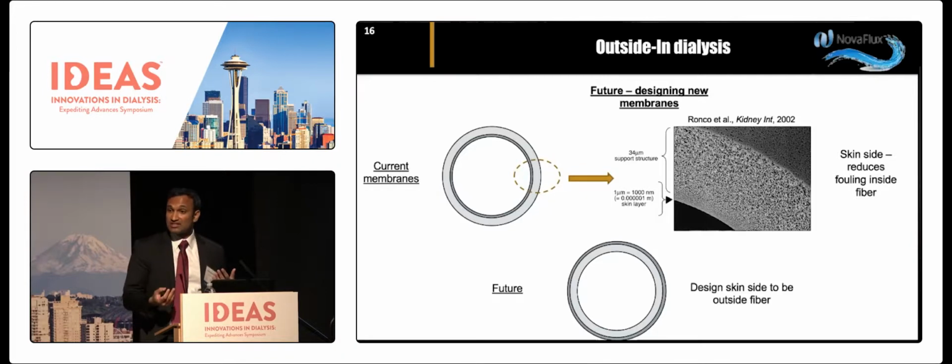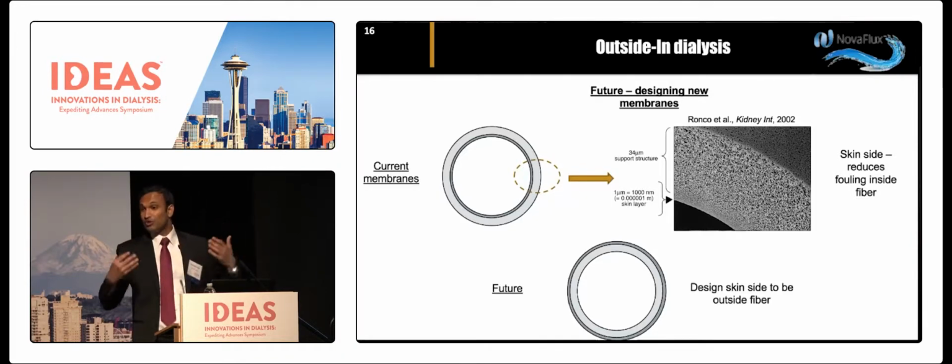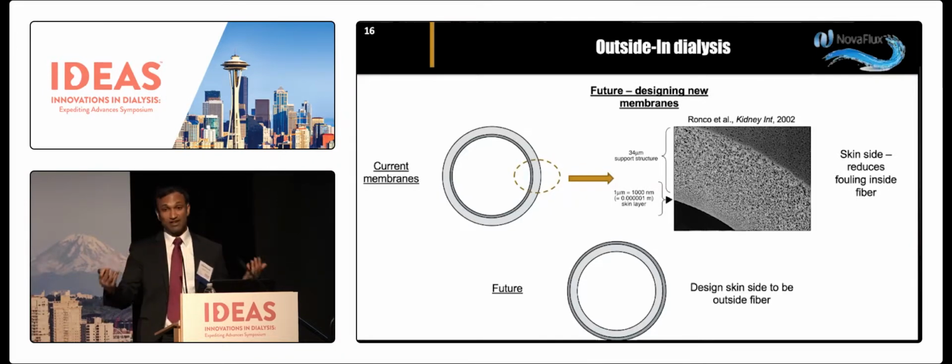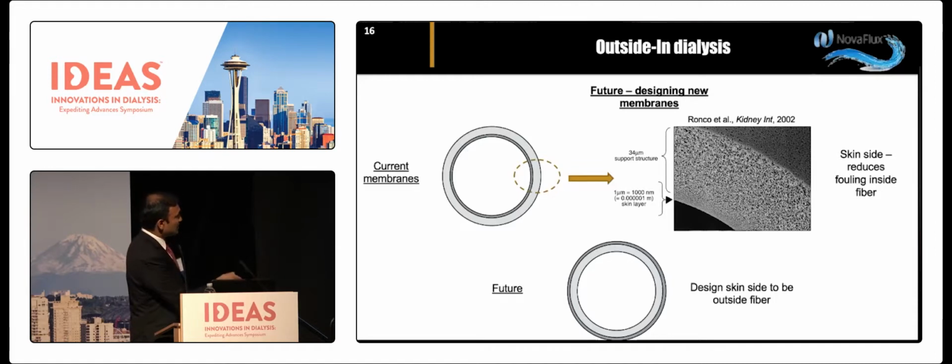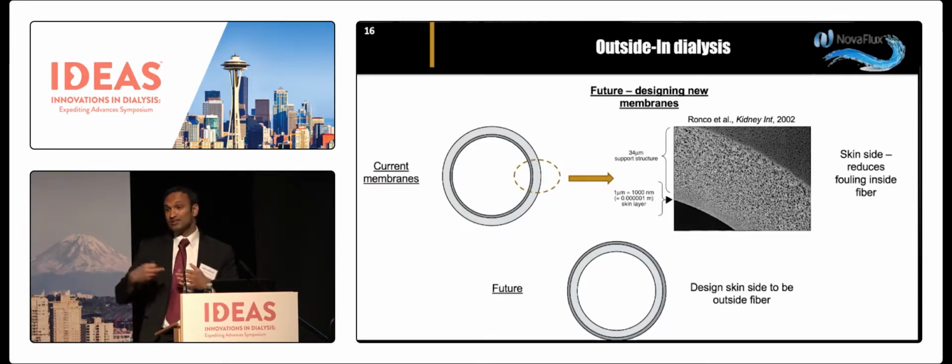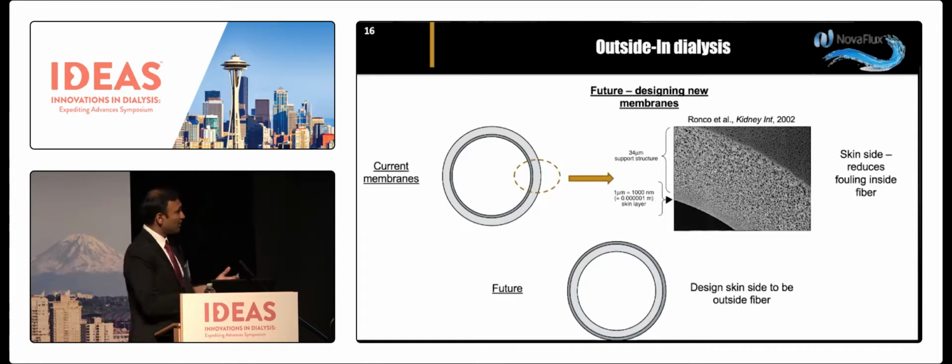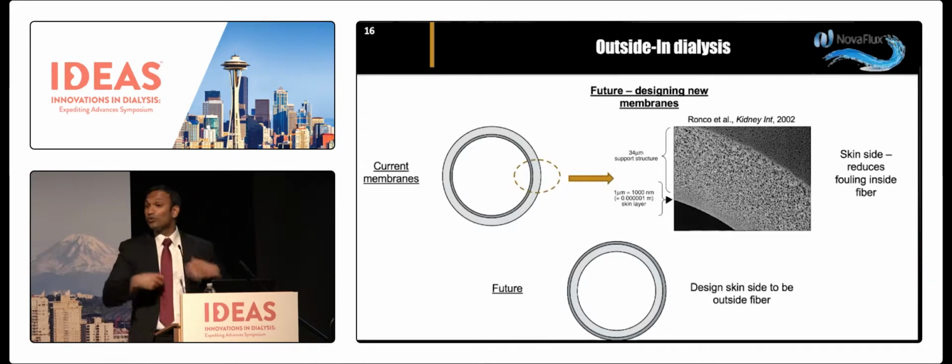The reason this is done is that it improves the permeability of the membrane, so you can get high flux dialyzers. Another thing is that the skin side typically reduces fouling inside the fiber, which is where blood typically flows. Now, if we're going to try to do this outside-in technology and want to reduce the incidence of fouling, we'll have to redesign the membranes such that you have a skin side on the outside, which contacts the blood.